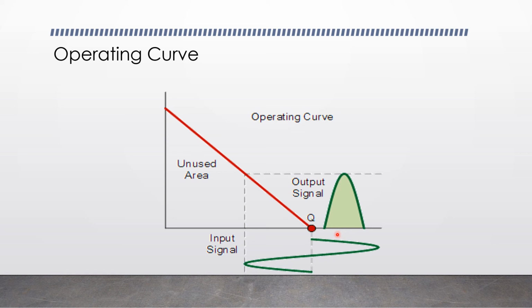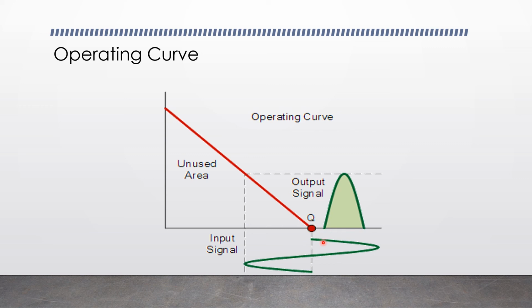And the Q point of this Class B amplifier is present at the cutoff region, that is on the x-axis. This is the x-axis, this is the cutoff point. Thus, the transistor will remain off when there is no AC input signal applied. And the coordinates of this Q point are VCC, 0.